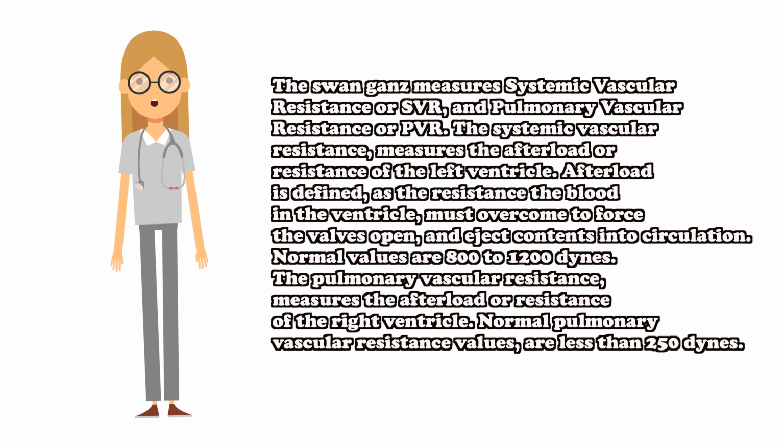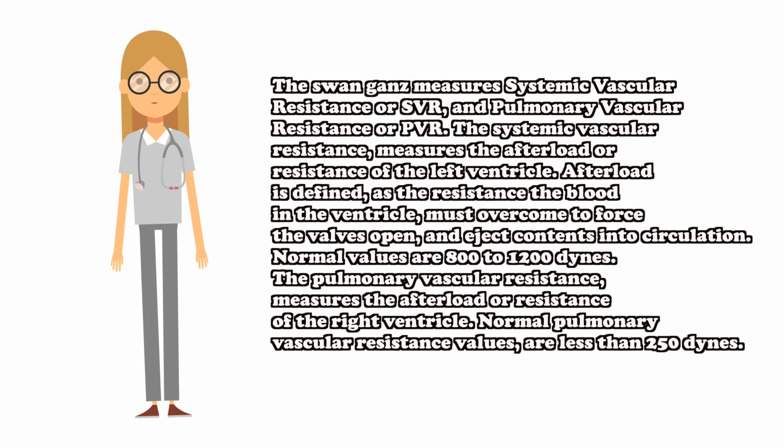The Swan Ganz measures systemic vascular resistance, or SVR, and pulmonary vascular resistance, or PVR. The systemic vascular resistance measures the afterload or resistance of the left ventricle. Afterload is defined as the resistance the blood in the ventricle must overcome to force the valves open and eject contents into the circulation.